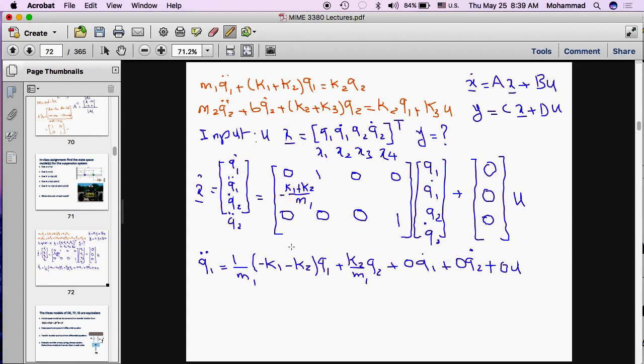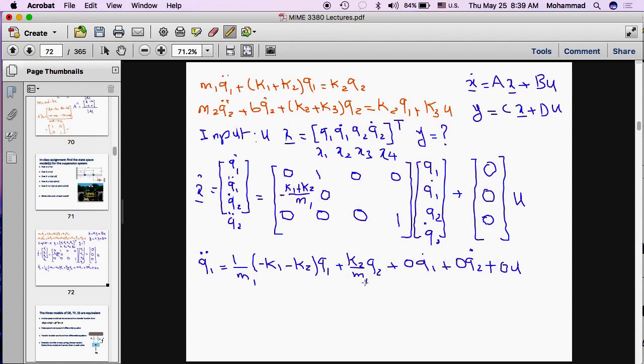Okay, so the next element in the second row, that element gets multiplied by what variable? By Q1 dot. What is that element? What is multiplied by Q1 dot? So the second element is 0. The third element gets multiplied by Q2. What is multiplied by Q2?